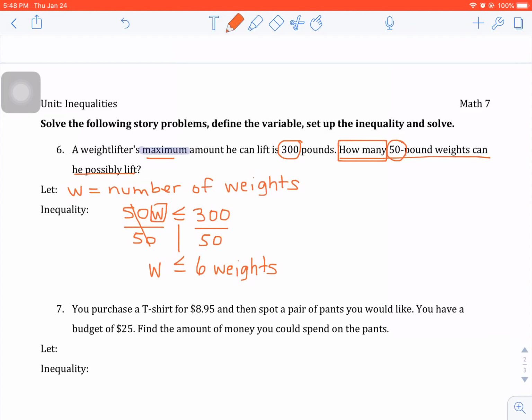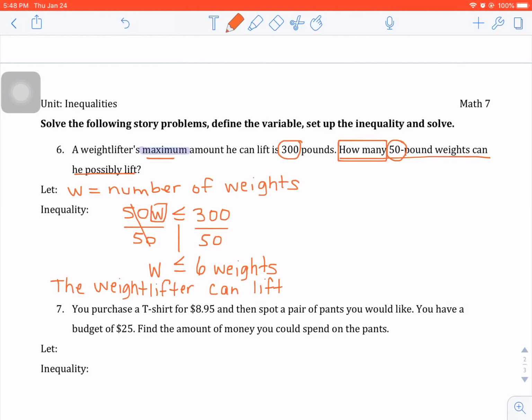And I would like to go ahead and write our answer as a complete sentence. So we would say the weightlifter can lift, and we can say less than or equal to, but when we typically speak, we don't use those terms.